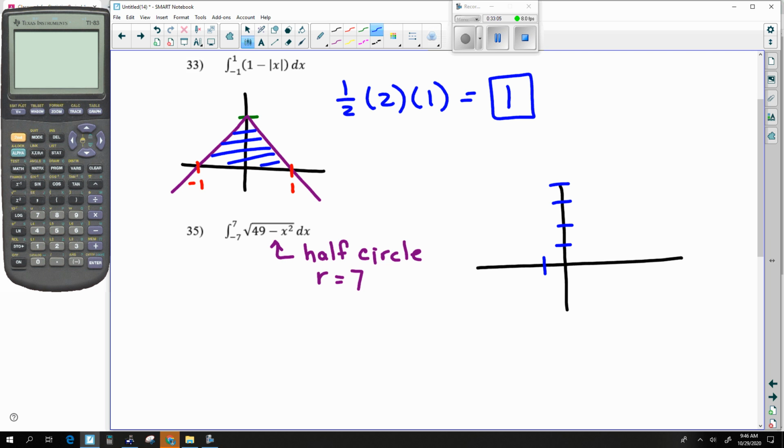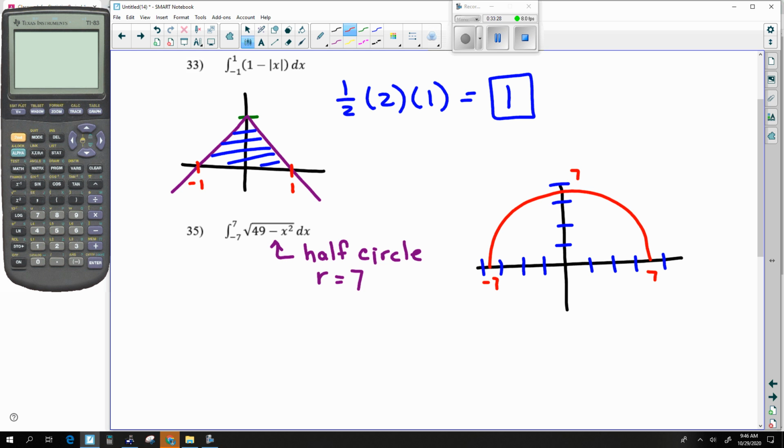All right, so this is negative 8, positive 8. So 7 will be here. This is negative 7, this is positive 7. This is 7 right here. This is a half circle, and they want to know what is the area of this half circle.